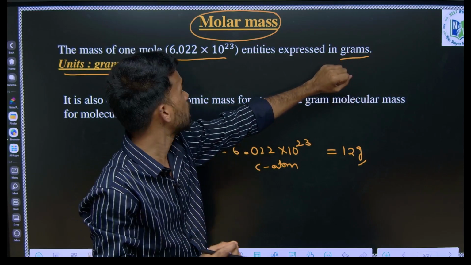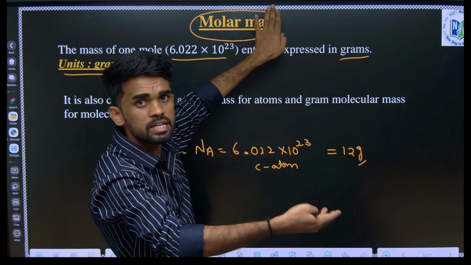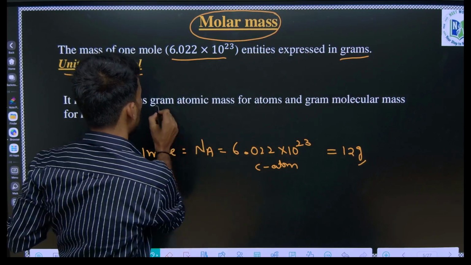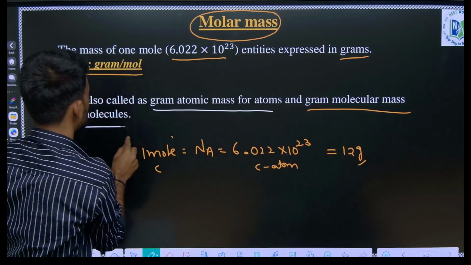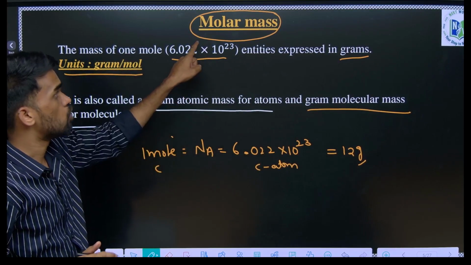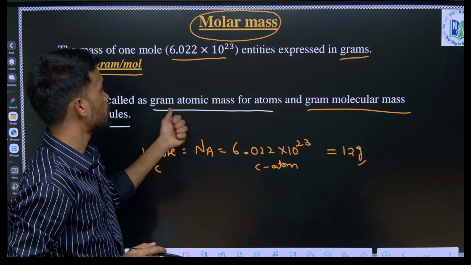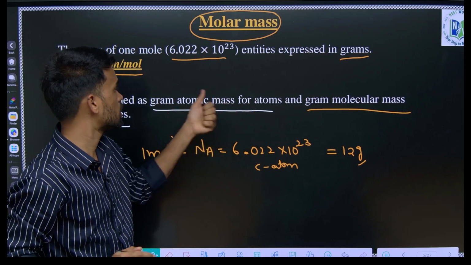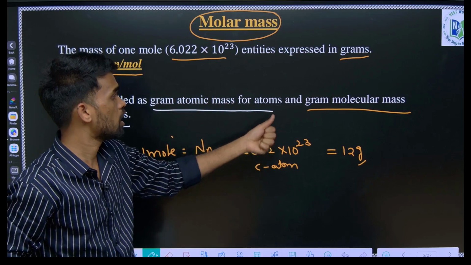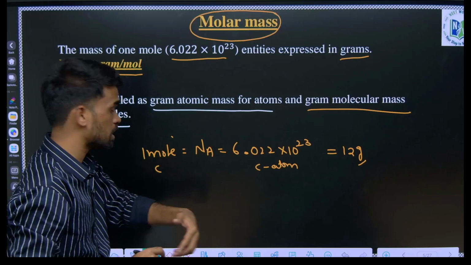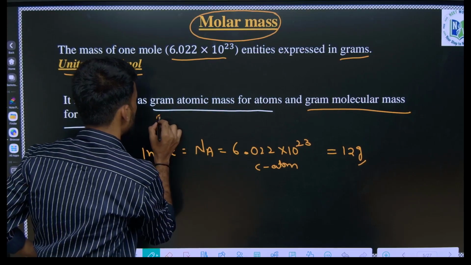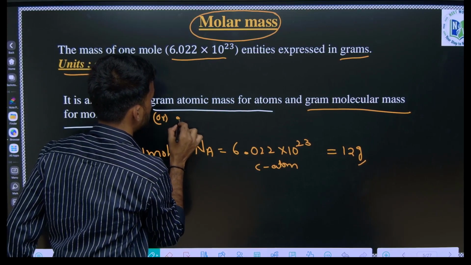The molar mass is also called gram atomic weight for atoms and gram molecular weight for molecules. So we can call it molar mass, gram atomic mass, gram atomic weight, or in simple words, gram atoms.